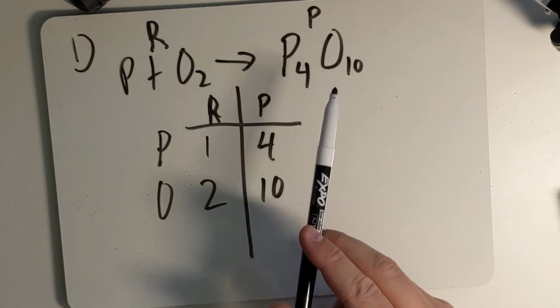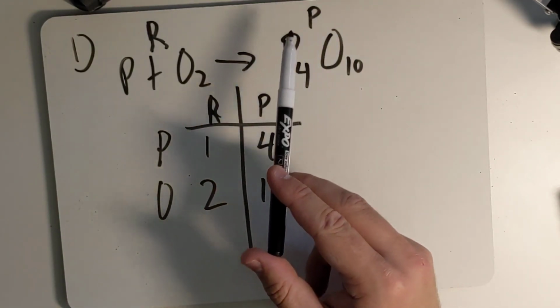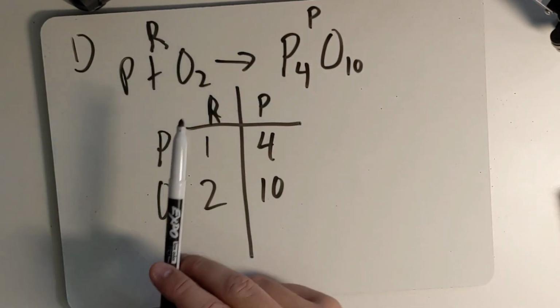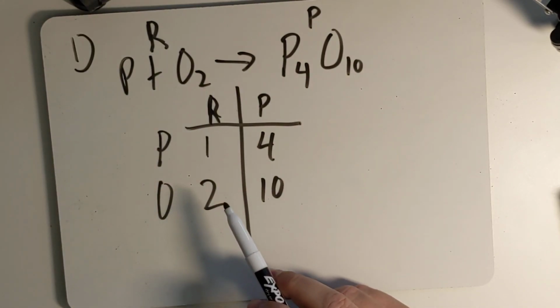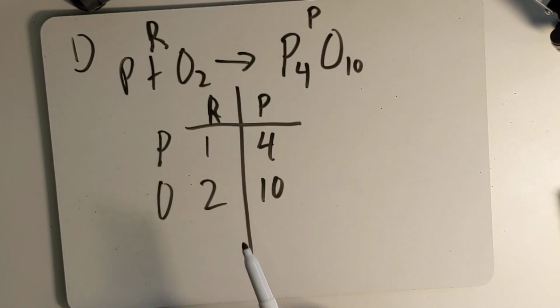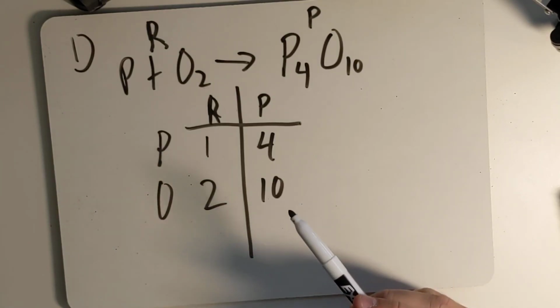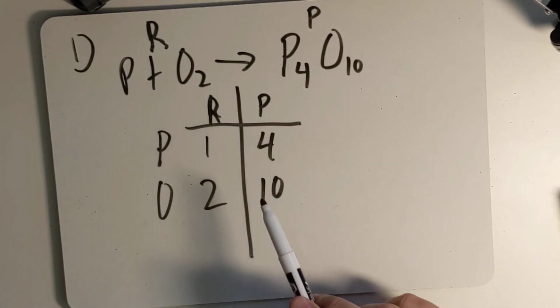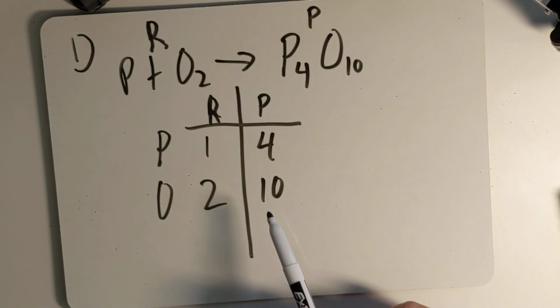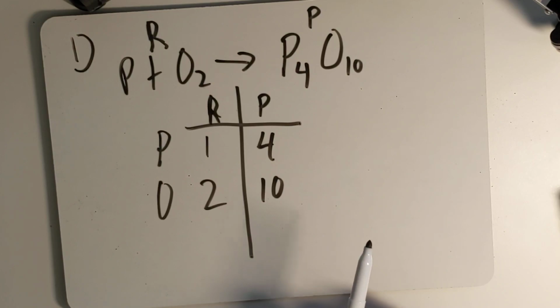The difference is it's going to be in a different chemical structure after the reaction than it is beforehand. So we want to see how much of each element we need to make this reaction happen. So we need to balance each side of the chemical equation, and there's one way that we can do that.